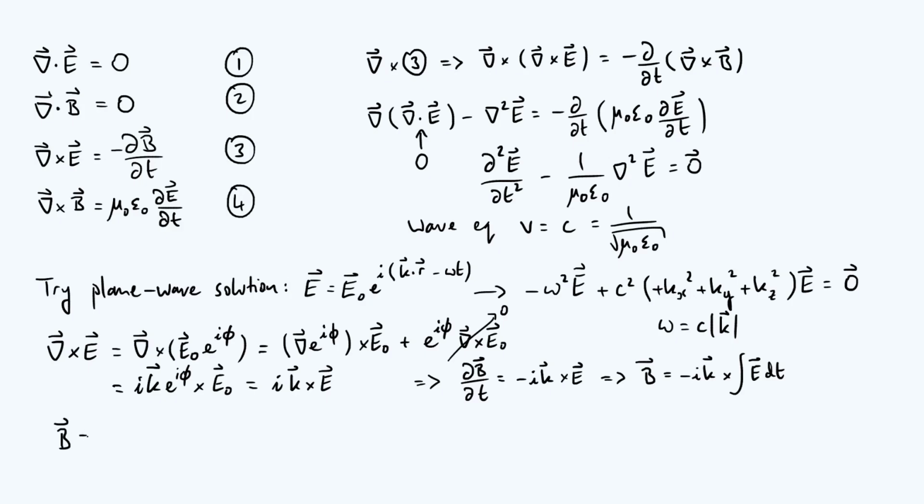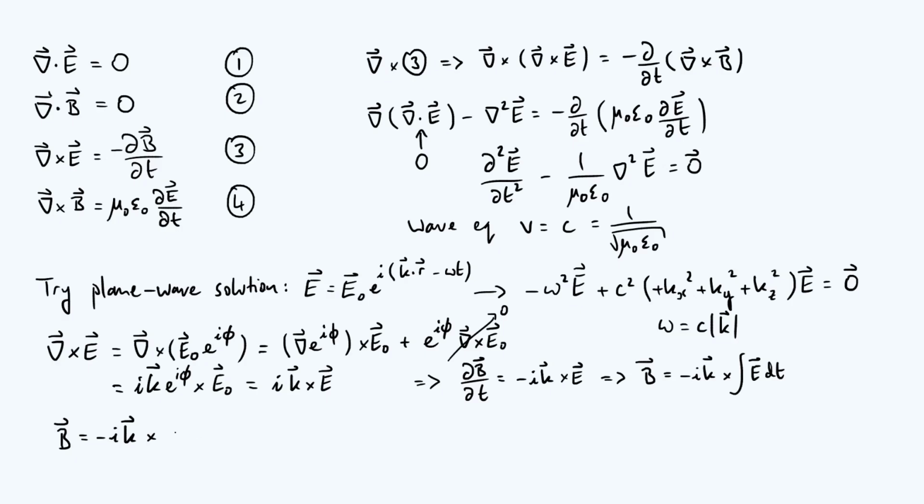So your B field is minus I k crossed with, well, we're trying to integrate that circled term there. The only time dependence is in the exponent in the form of minus I omega t. When you integrate an exponential like that, you end up just dividing by the coefficient of t.